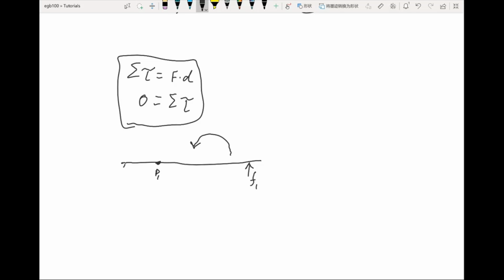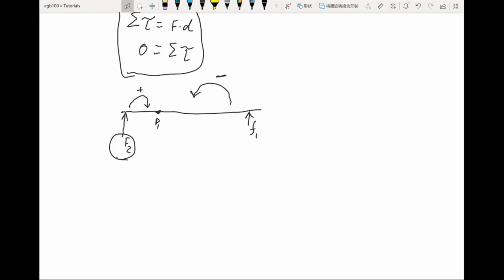So if we apply another force here, F2, this force will try and move this bar in this direction. So let this be a positive torque and this be a negative.